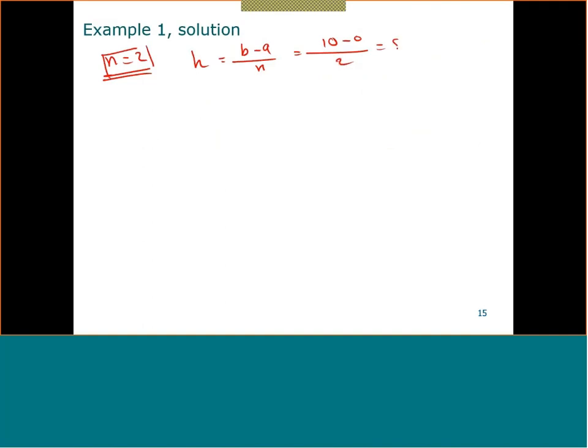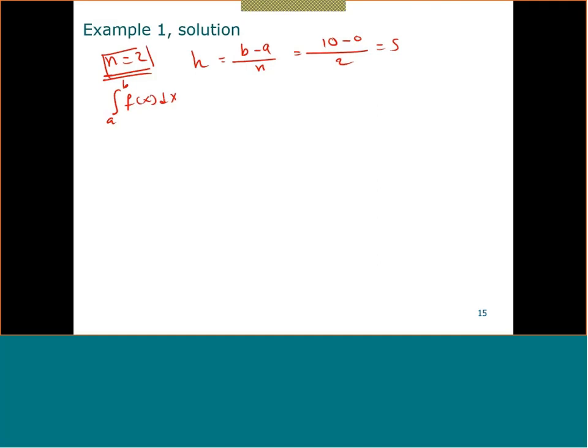So h is equal to 5, and this makes sense because you want to make n equal to 2 segments. I have the limit of 10, so each one has to be 5. So this makes sense.